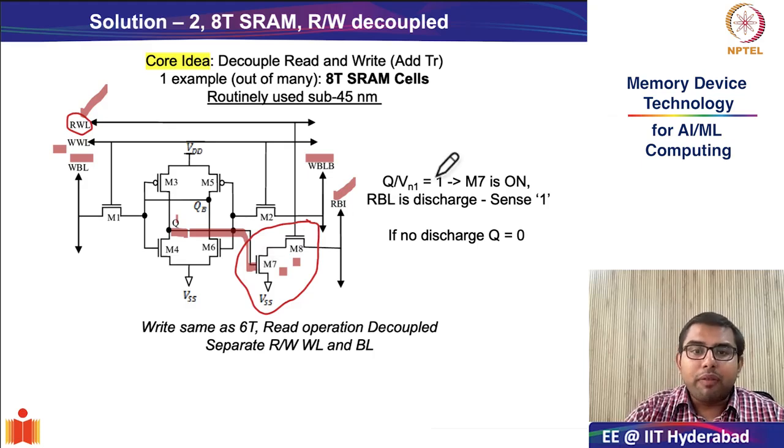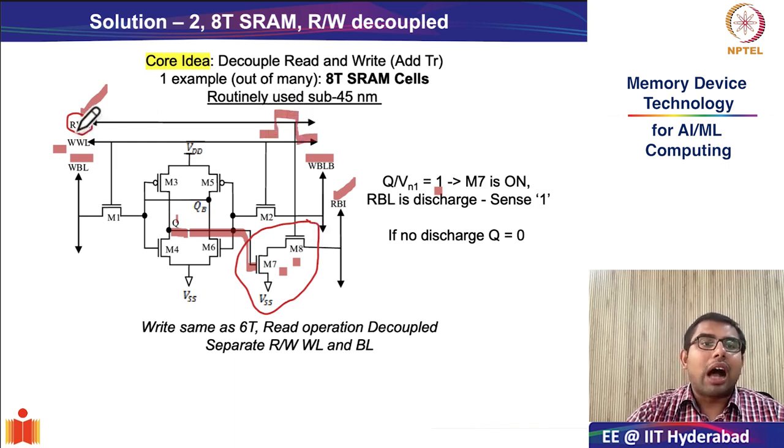Now, when the value of Q is 1, because M7 is an NMOS, it is turned on, and when you apply a read enable at the RWL, both these transistors M7 and M8 turn on, and as a result the read bit line, which has an original value of VDD, can be discharged.